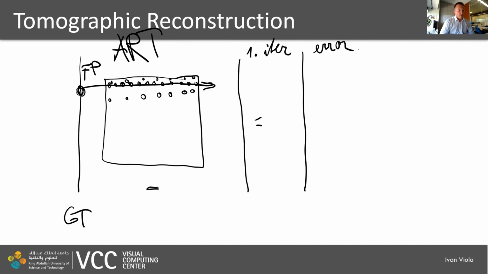And then what we can do with this information: we can take the error values, and so we have our volume again.